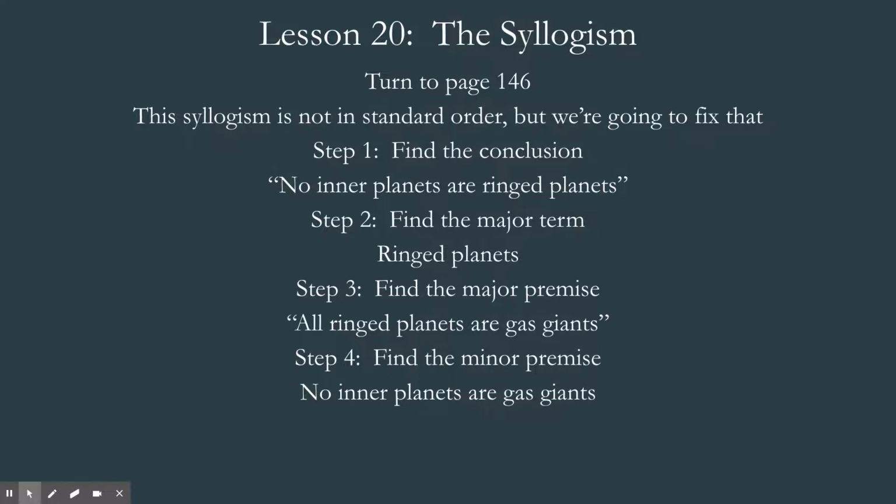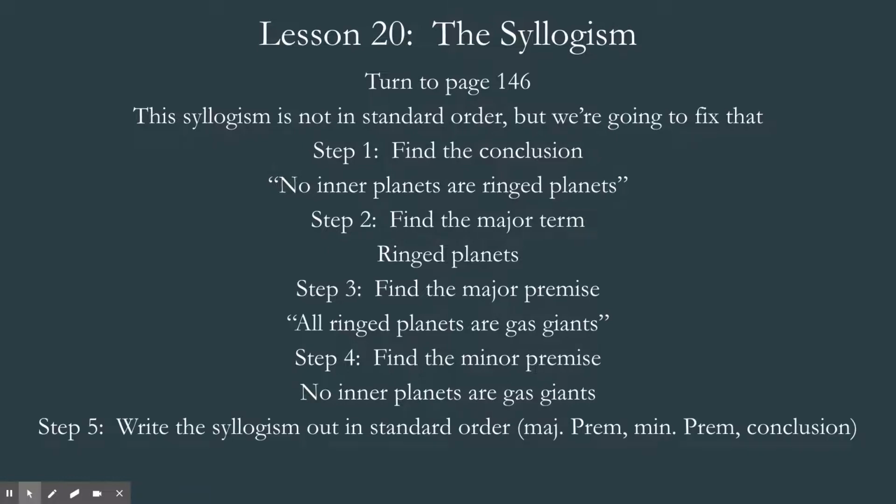There's only 3, so it's the last one left, okay? So you find the conclusion, you find the major term, you find the major premise, you find the minor premise, and then you put it in standard order. Standard order, henceforth, if I say standard order: major, minor, conclusion. That is the standard order for a categorical syllogism. Major, minor, conclusion.